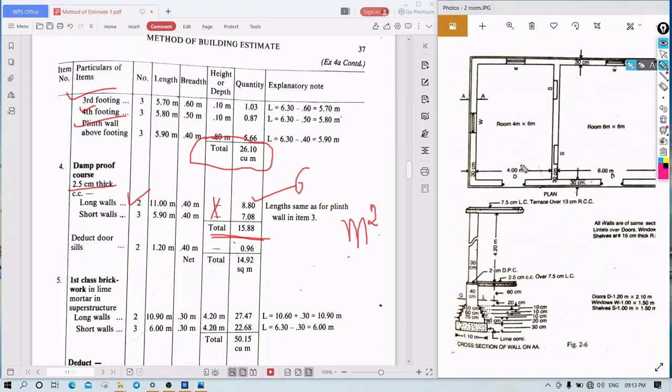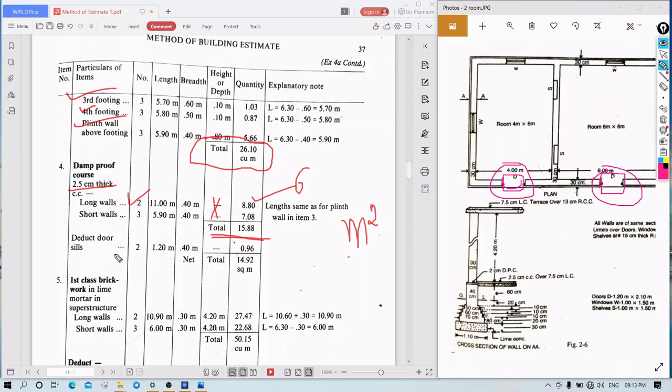Okay, so the door sill will be present, so we are deducting that value. This amount of DPC should be added here, but because of the door sill we are deducting it. To install the door sill we are not putting the DPC here as per the given question.